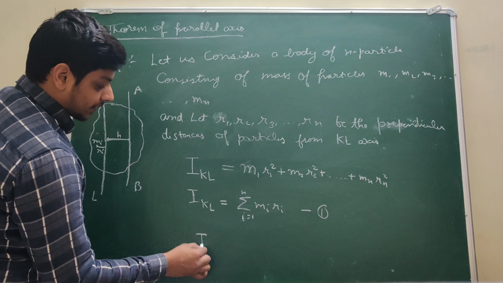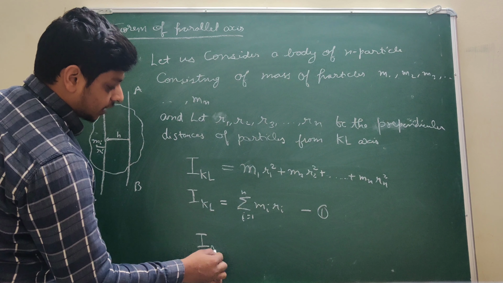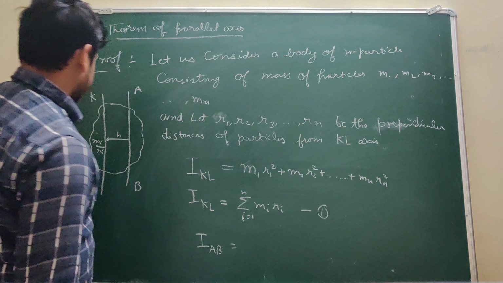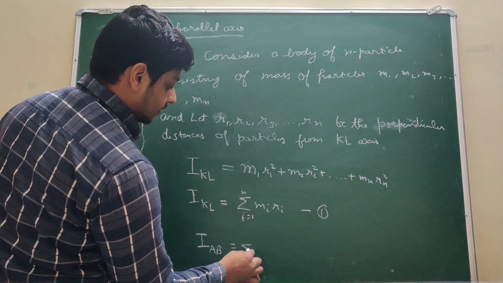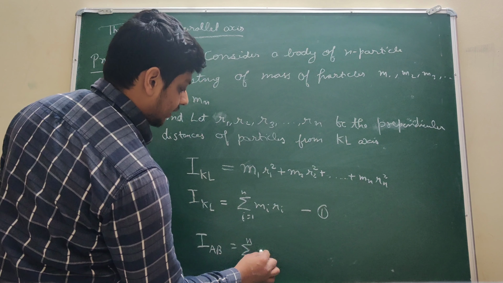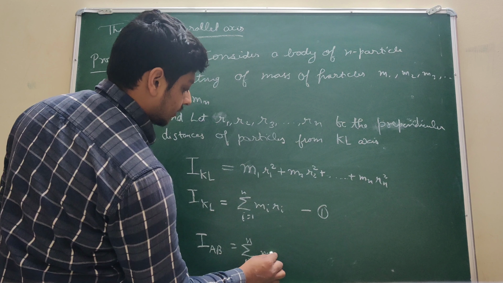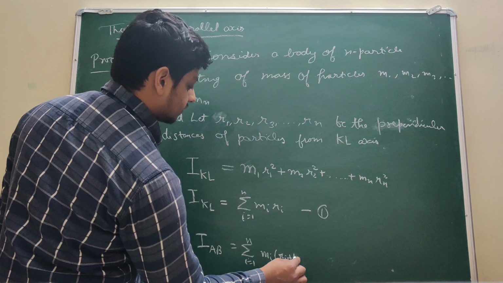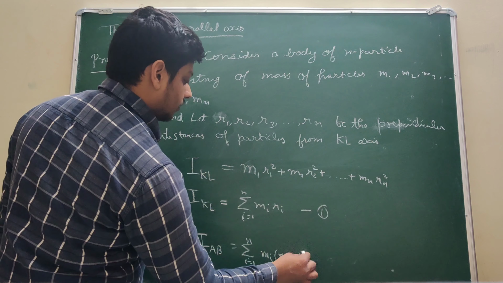So I can write the moment of inertia along the AB axis as the summation, i equals 1 to n, of mi times (ri plus h) whole square.